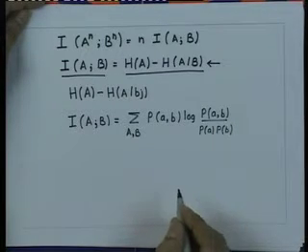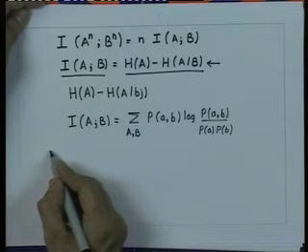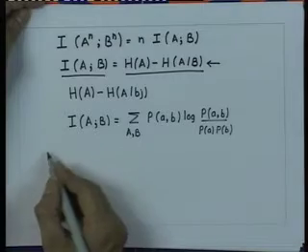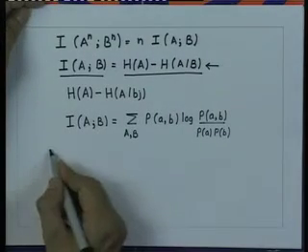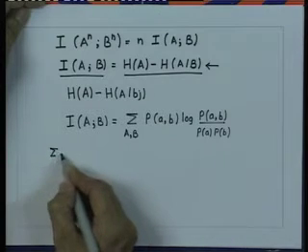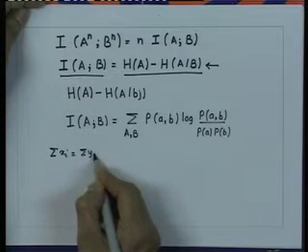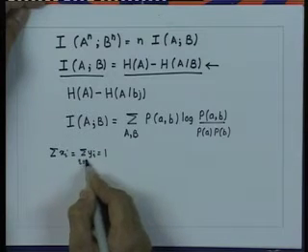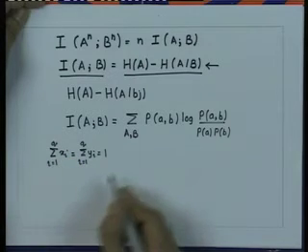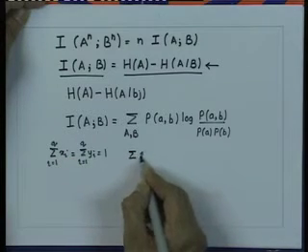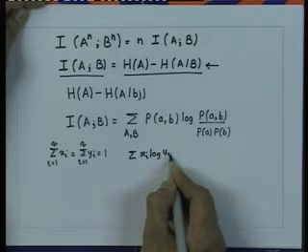Now, we have seen the relationship that if we have two sets of probabilities x_i and y_i, then this relationship which we had derived earlier is valid.